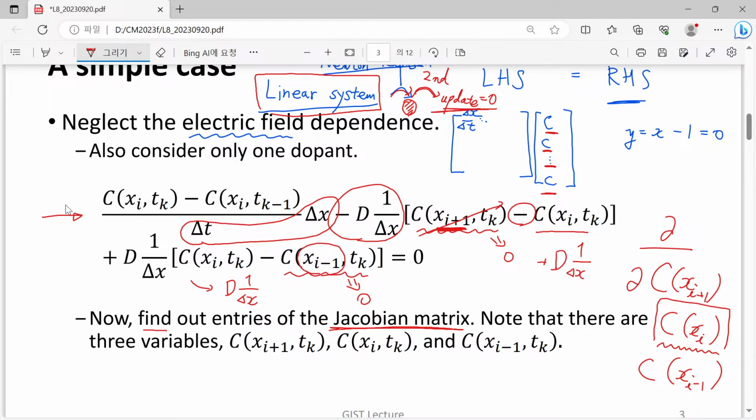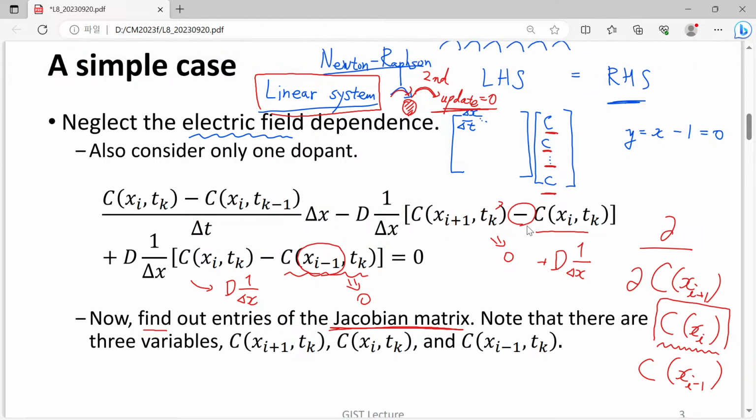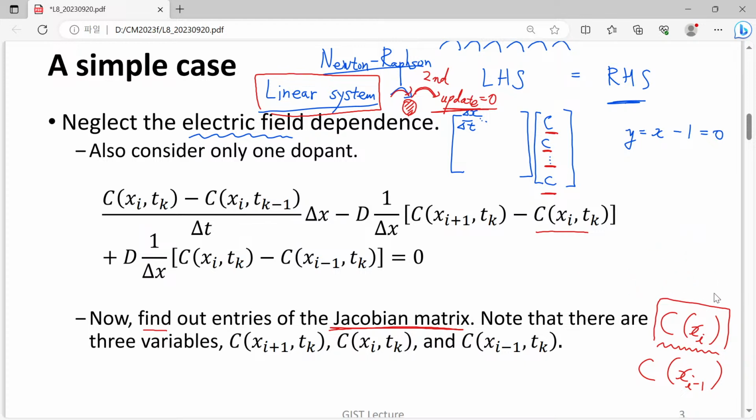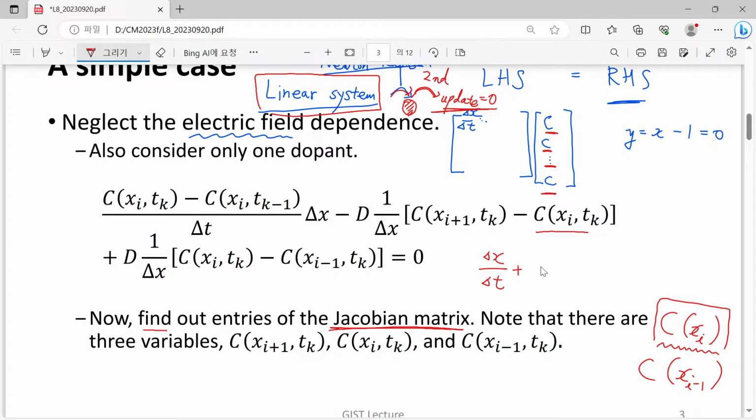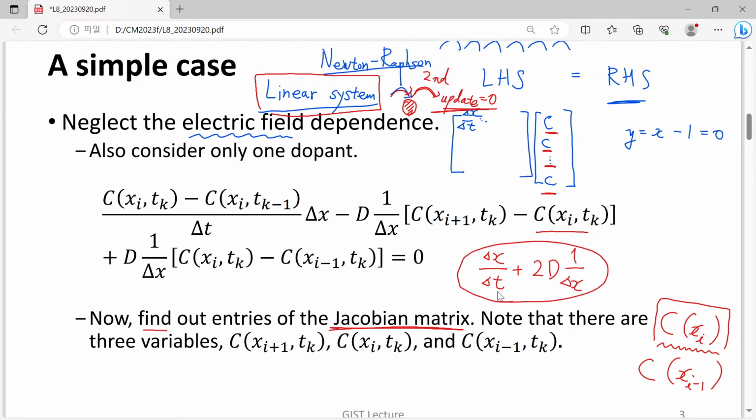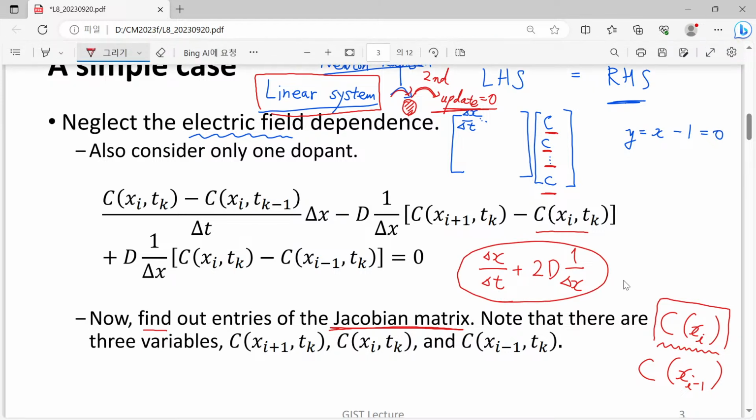So simply speaking, by looking at this linear function, then you can easily understand when you make the partial derivative with respect to c of xi, then what you will get is delta x over delta t plus 2 times d 1 over delta x. That will be the diagonal component of your Jacobian matrix.